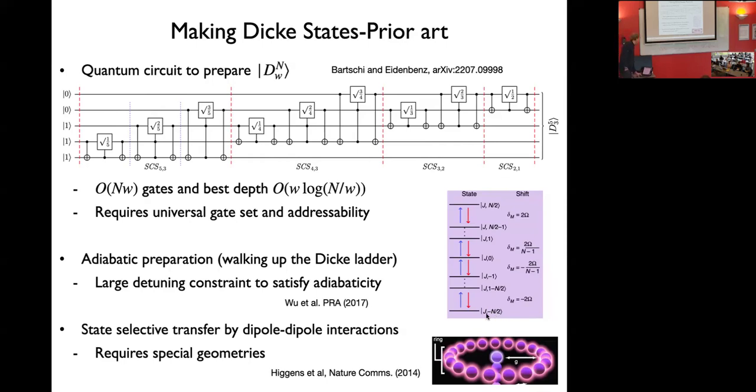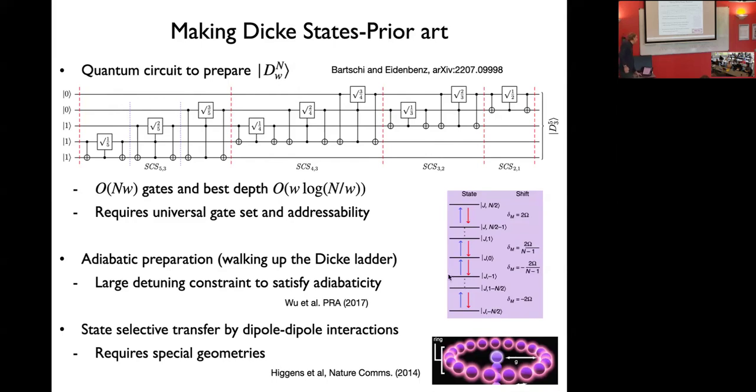So there is a way you can walk amplitude from this state to higher states in the Dicke ladder, but this requires strong constraints on the detuning of your pulses, and in order to only walk one step at a time without also coupling to higher levels in this Dicke space, there are strong constraints on the adiabaticity criterion. So you have to do things very slowly, especially as the number of qubits grows.